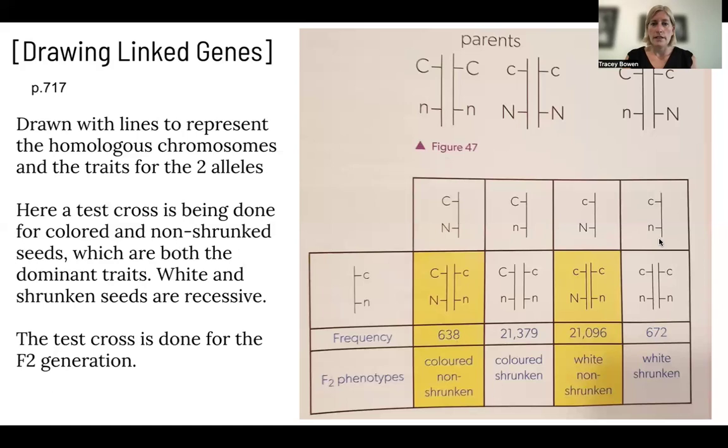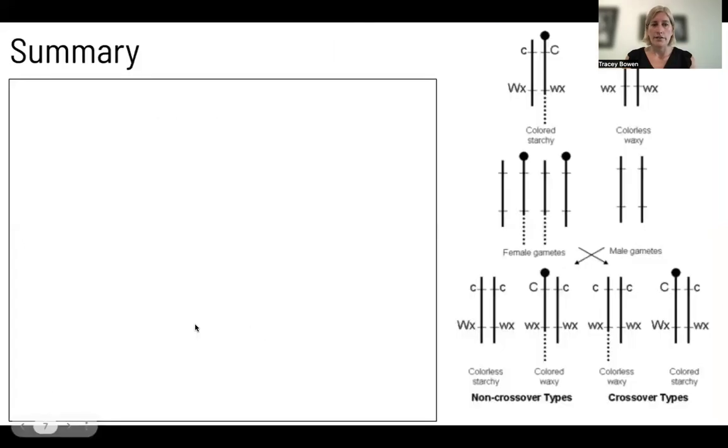What this is telling us is that the color and the shape of those seeds is linked, and it's very rare that we end up with recombinant gametes. This test cross was being done for the F2 generation.